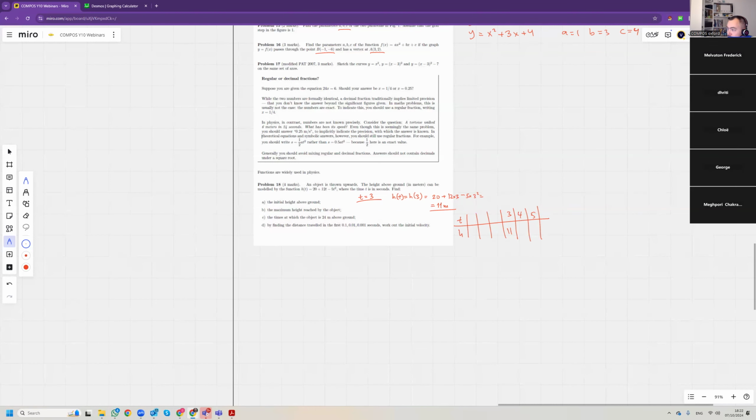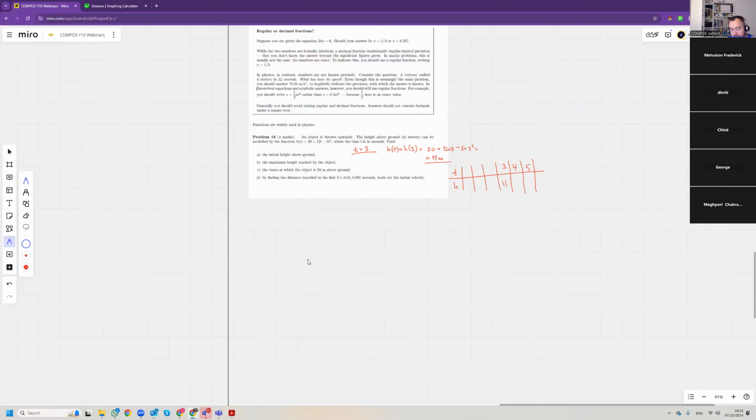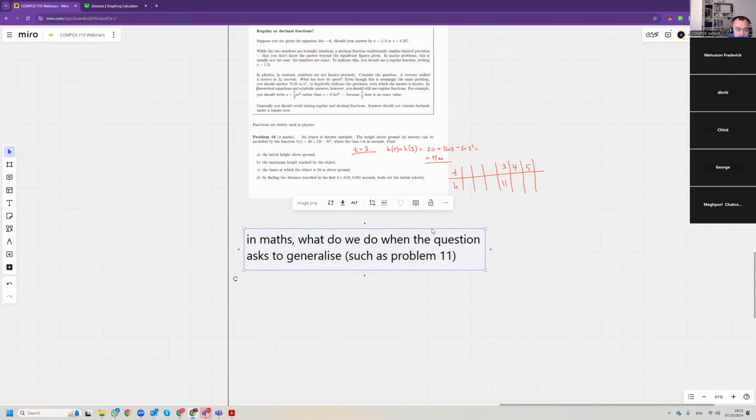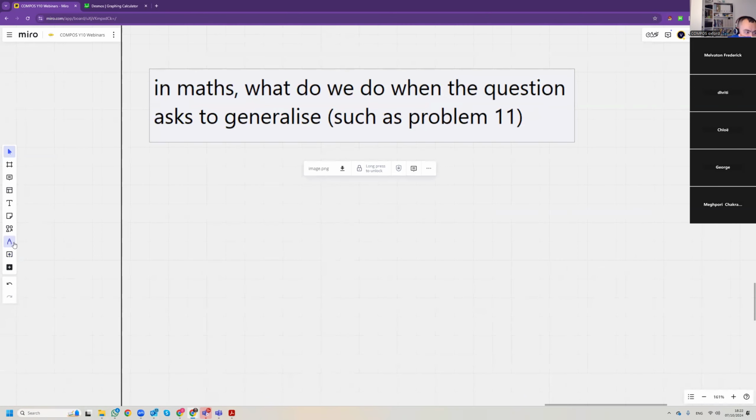In maths, what do we do when the question asks to generalize? Well, generalize means get a general solution.